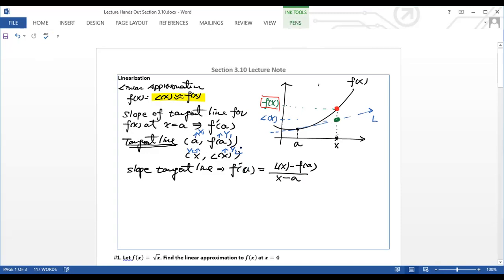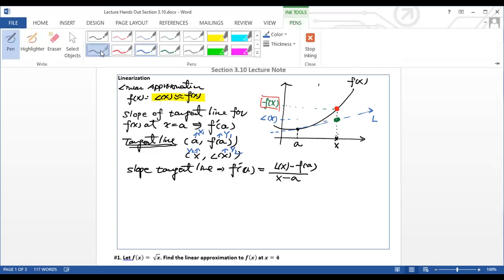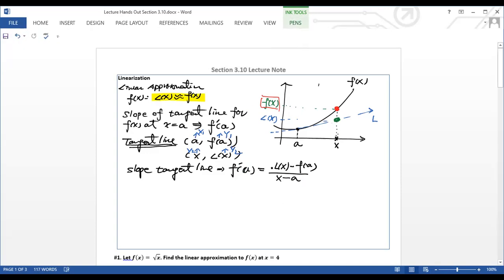So for the tangent line, the derivative f prime a, you multiply by x minus a on both sides, and you will get L of x minus f of a is equal to x minus a times f prime a. Then you add f of a on both sides, so you will get L of x equals f of a plus f prime a times x minus a.